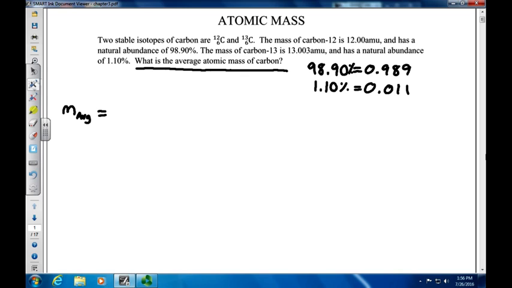So in this case, it would be 12.00 AMU times 0.989, and that would be the mass of carbon-12 multiplied by its abundance.